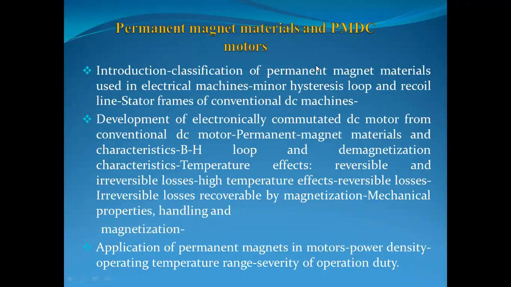For conventional DC motors, we have the advantage of a wide speed variation. We place the field system, the field winding rheostat, and the armature rheostat.